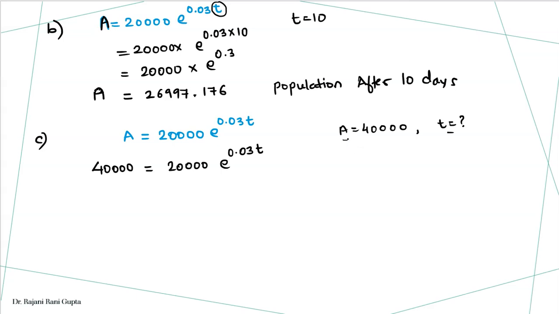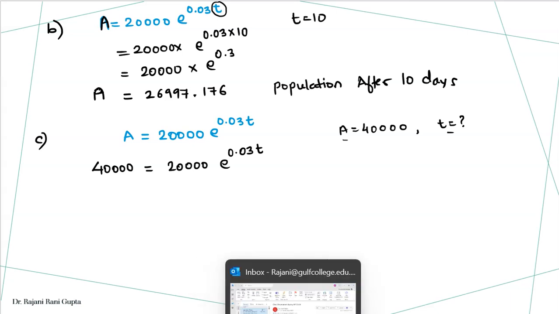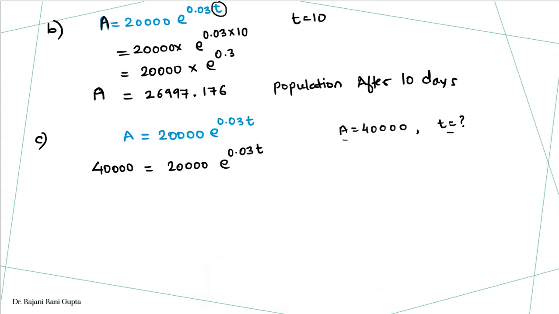You have to find t, so it is like any exponential equation. Since you have to find t, you divide both sides by 20,000. It's just a process of simplification. Cancelling the zeros, 4 divided by 2 gives you 2.